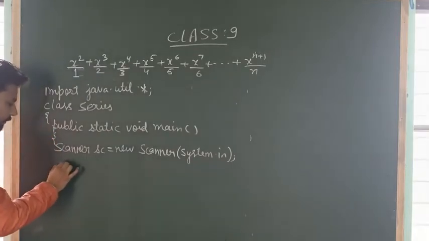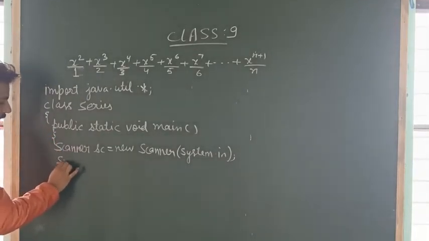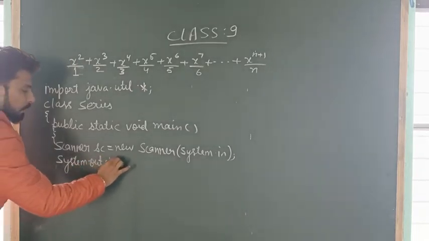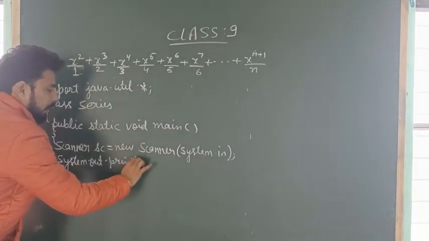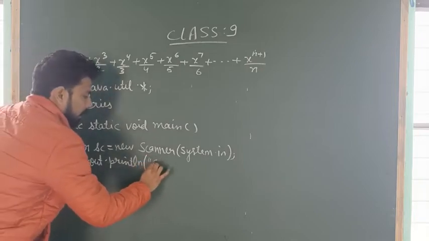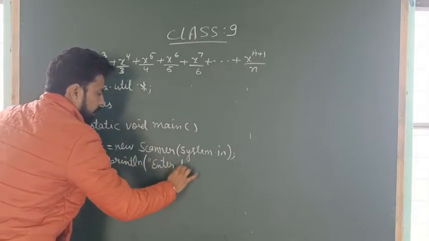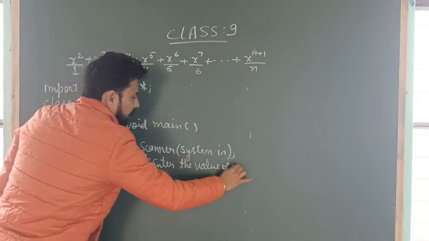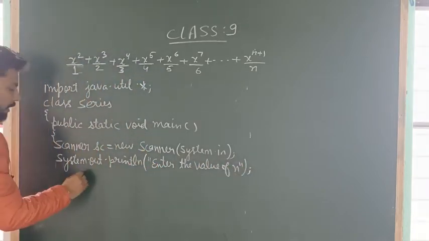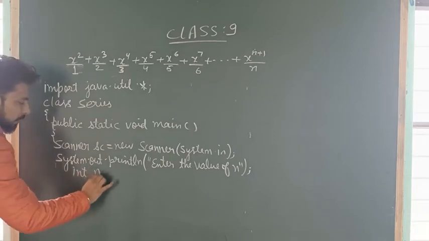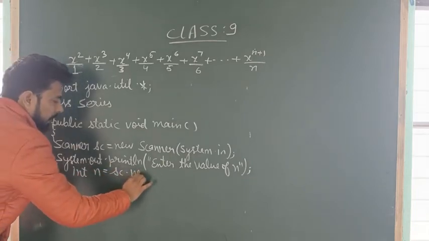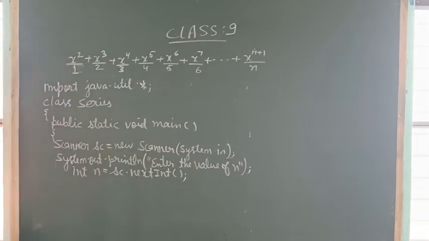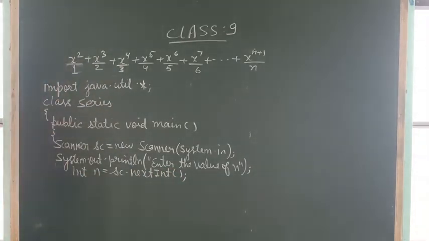First we will give the message to the user, System.out.println("Enter the value of n"). After that, int n equals sc.nextInt().